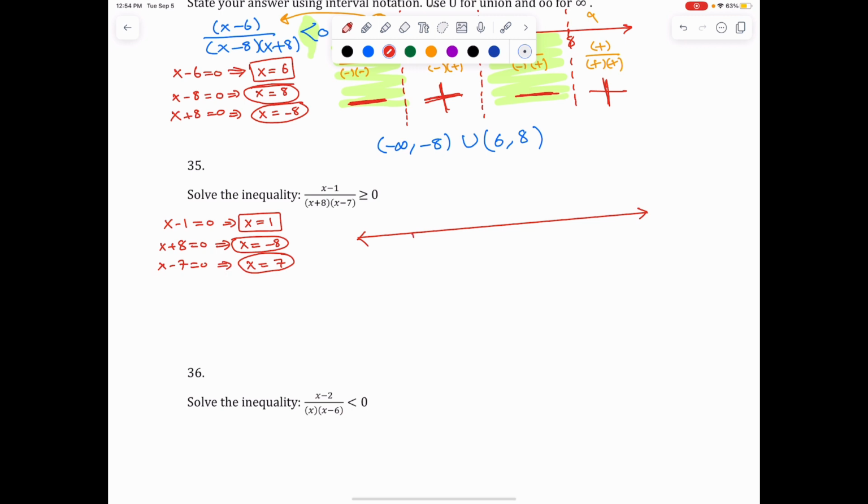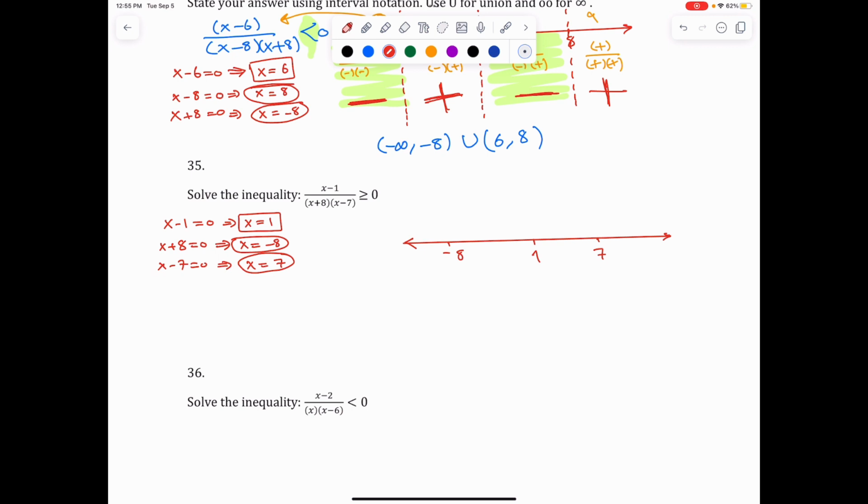and I'll begin with the smallest number. It's tilted, let me fix it. Negative 8 is the smallest number, and then 1, and then 7.